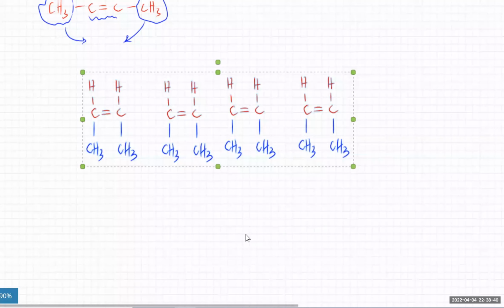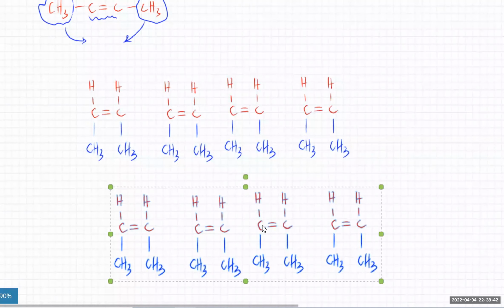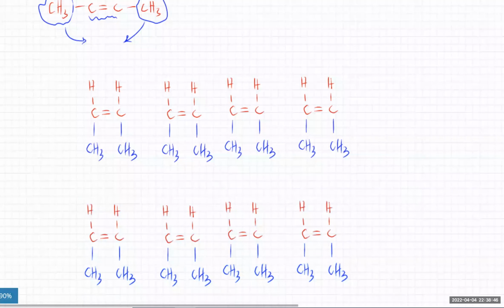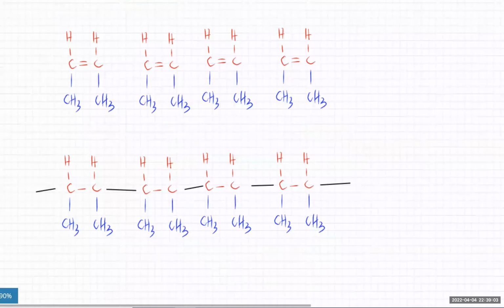The double bond in the middle would break, and linkages would get formed between them. So that's a carbon chain. And the repeat unit is just this thing getting repeated over and over again. So that's basically your repeat unit.